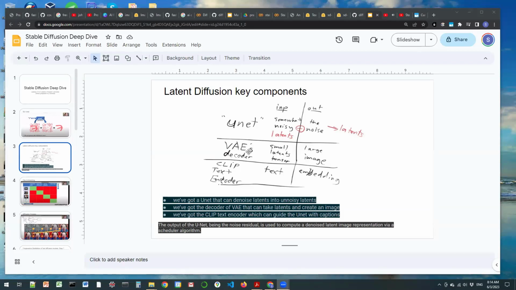In the case of inference, the VAE's decoder is used after we have gone through a series of steps, extracted the latents and separated the latents from the noise. Those latents are then input into the VAE's decoder, and what emerges out of the decoder is the large image.